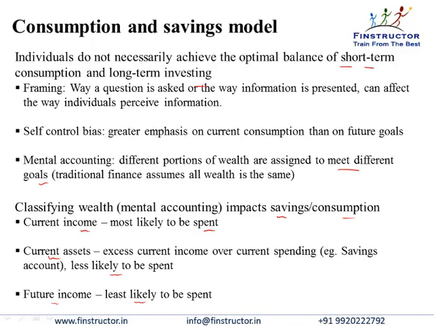So let's assume that I receive a $100 inheritance from some far aunt of mine who expired and who left me $100. Now whether this $100 will be spent or saved depends on how I look at this wealth. If I think of it as current income, that it's just additional salary for the month, then I'm likely to spend it.